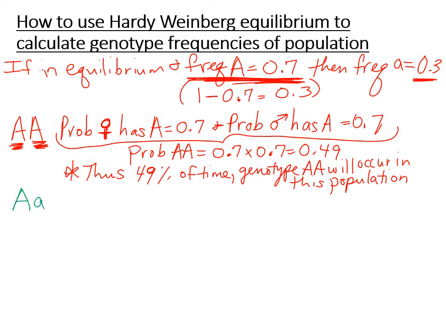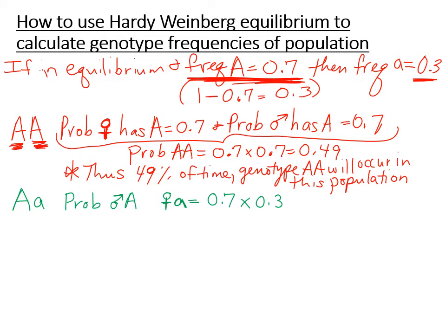Then you have capital A, lowercase a. So you look at the probability of getting capital A from the male parent, from dad, okay, with lowercase a from the female parent. Well, that probability is 0.7 for capital A, right, times 0.3 for lowercase a. And I'll erase those just so that you don't think I'm dividing by anything in your notes, but that was to show you what the 0.7 and 0.3 were for, okay?